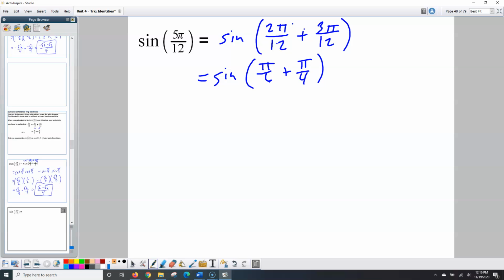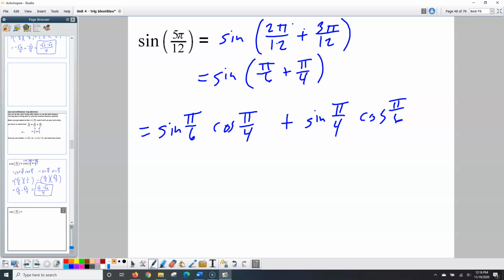Then I'm just going to take the formulas. I got sine, cosine. Sine is the same sign. Sine, cosine. So this is pi over 6, pi over 4, pi over 4, pi over 6.